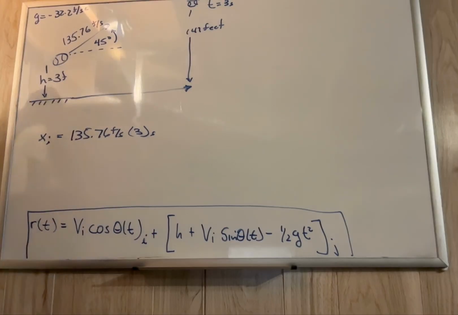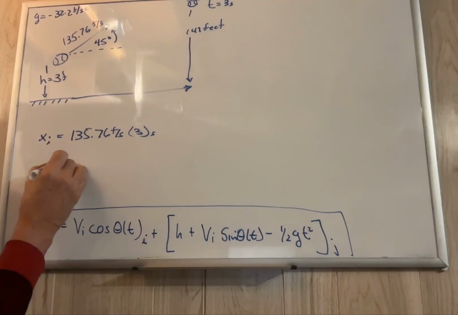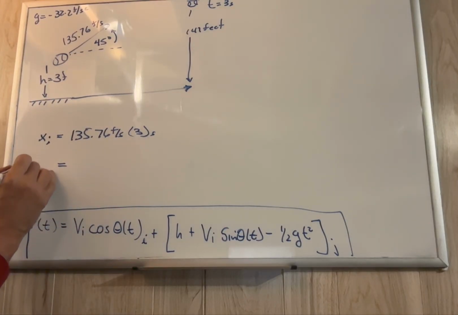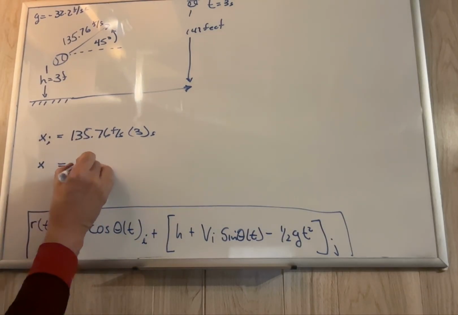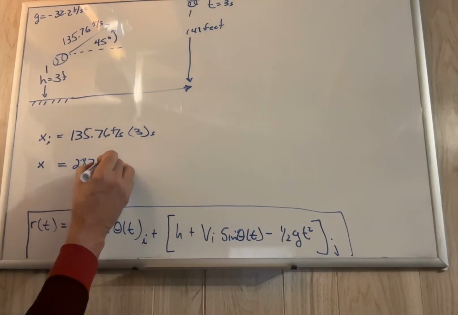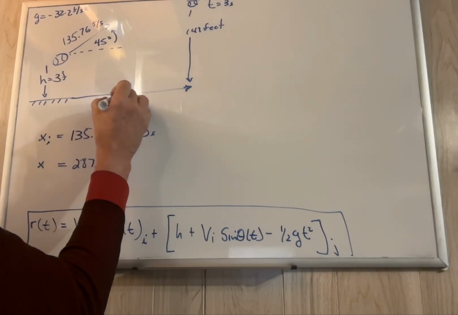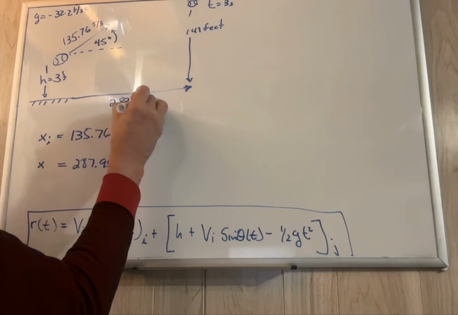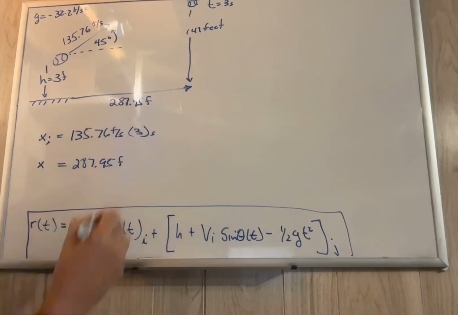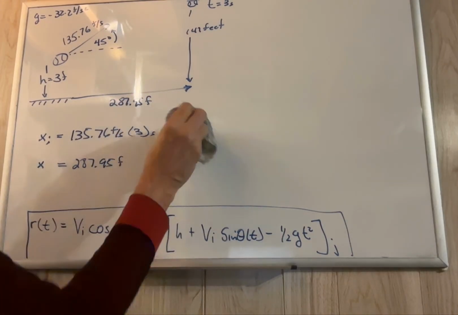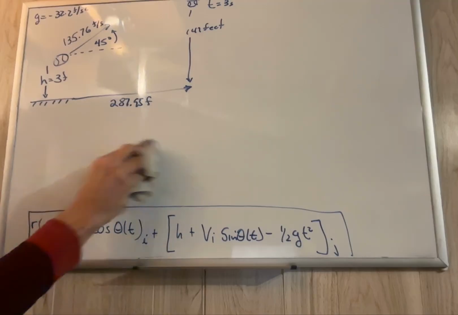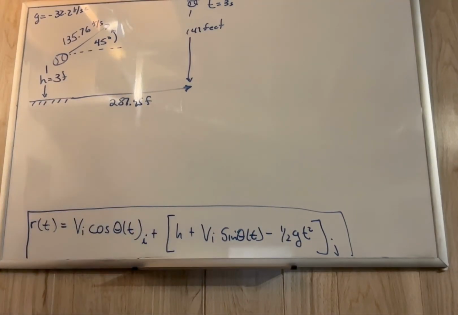We're going to see that it comes to 287.95 feet in the x direction. 287.95 feet. I would say this is probably a home run ball. That's a pretty long distance to go. So the person who hit this ball is most likely going to hit a home run.